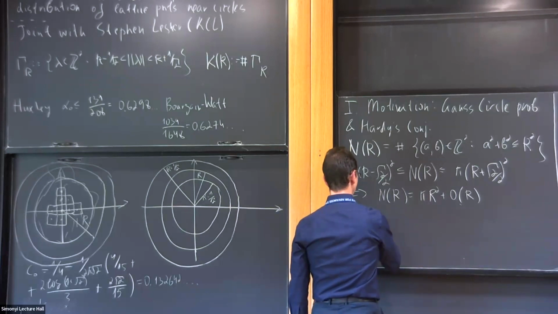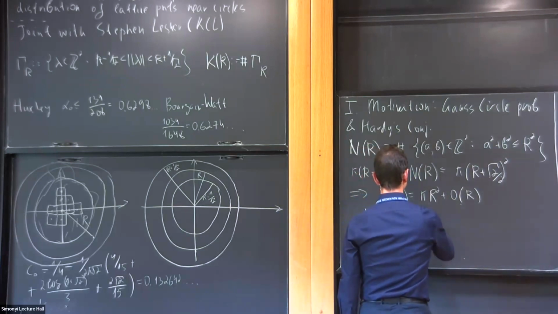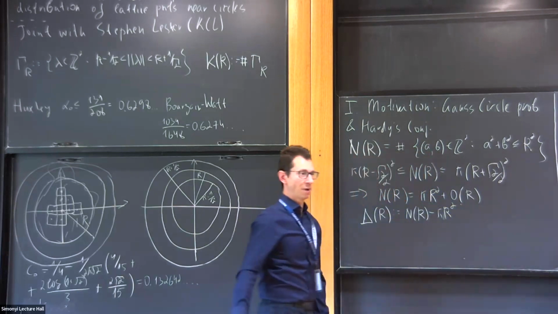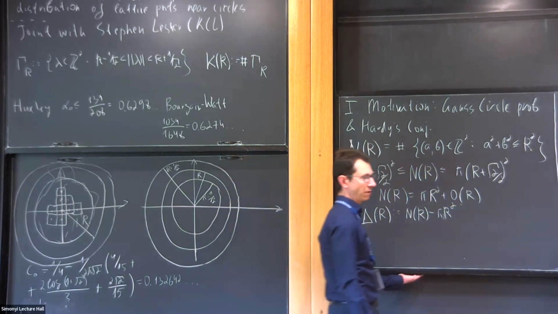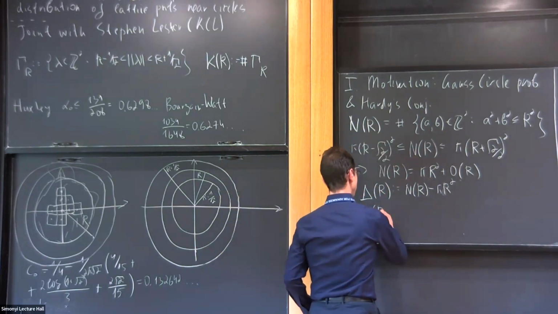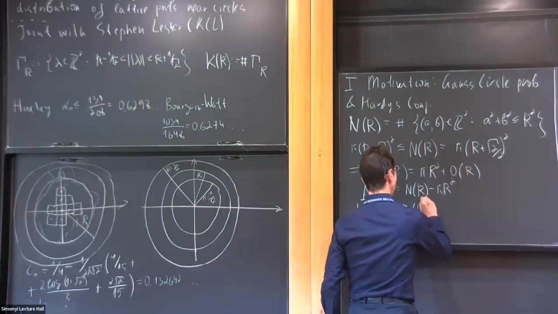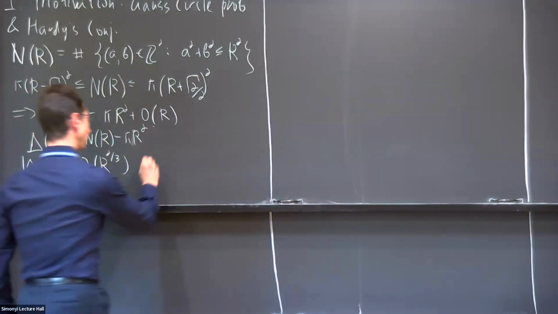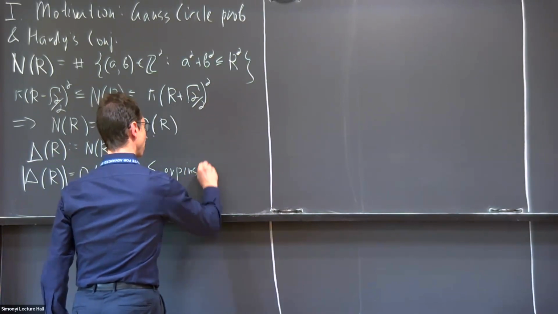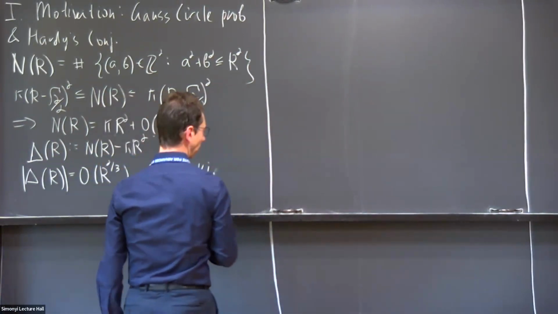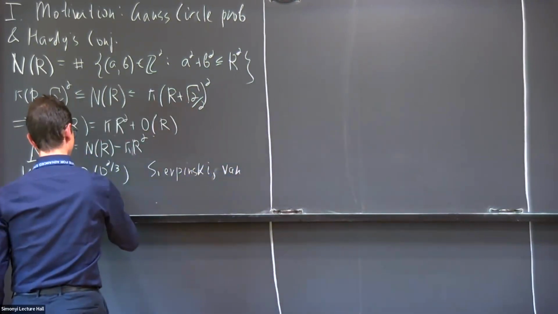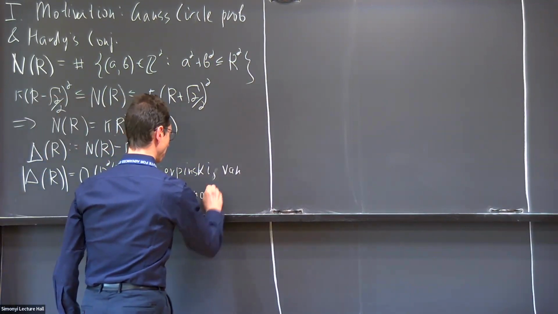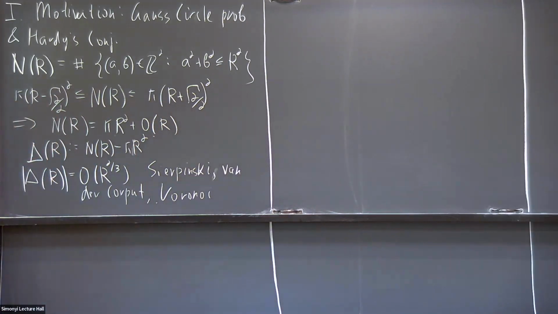We take capital Delta(R), by definition N(R) minus pi R squared, which by Gauss is big O of R. But in fact, it was proven to be big O of R to the 2/3, independently by Sierpinski in 1908, Van der Corput in 1920, and Voronoi around the same time.